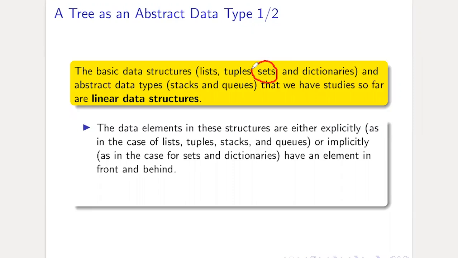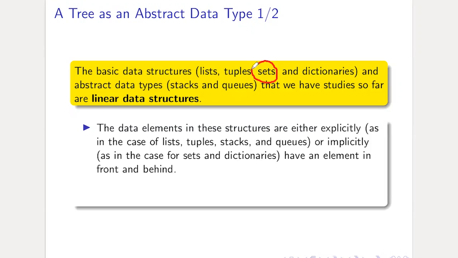Set is iterable but unordered. So you might ask, what is in front of this element in the set? It is not ordered. But because it is iterable, you will get something in front, and you will get something behind. While there is no explicit ordering, there is an implicit ordering, because when you iterate, you will get one after the other.